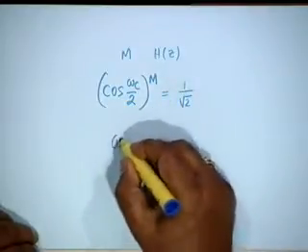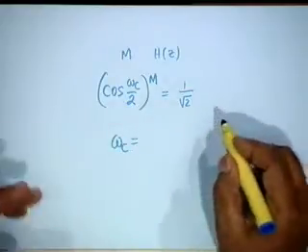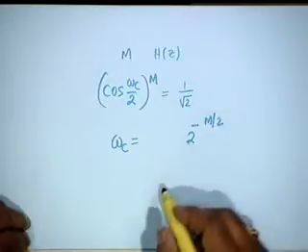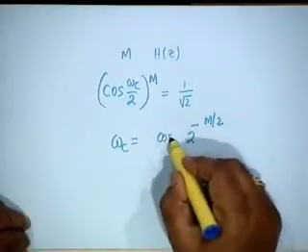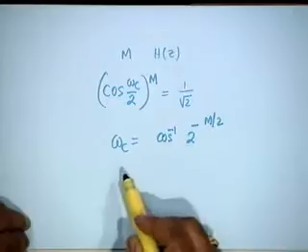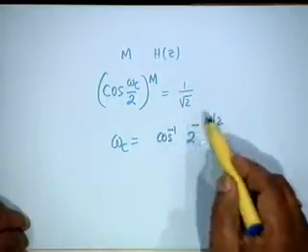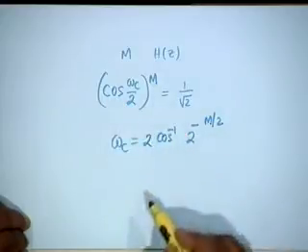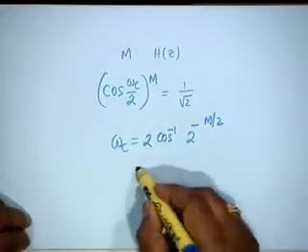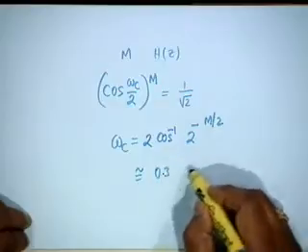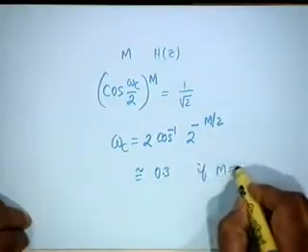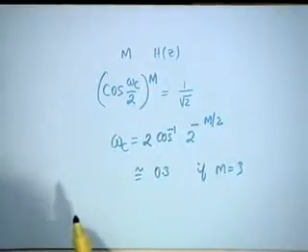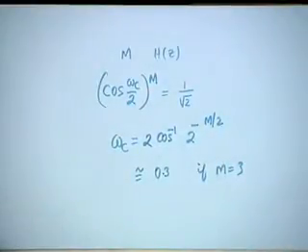So, omega c shall now be equal to 2 to the power minus m by 2, cosine inverse. Do you see what I am doing? mth root on both sides, 2 to the minus m by 2, then cosine inverse of 2. This is approximately equal to 0.3 if m is equal to 3 such sections. So, the cutoff frequency comes closer. In other words, we get a better filter.